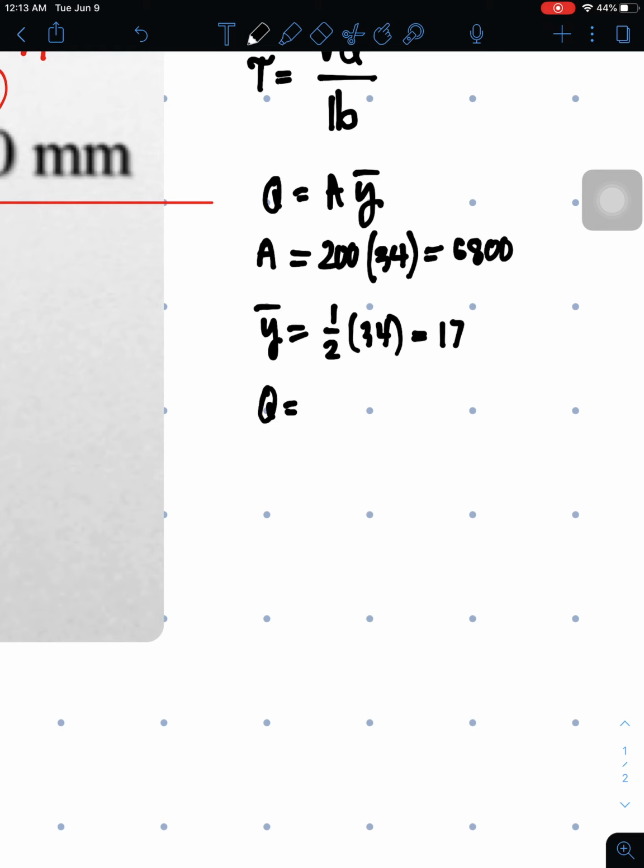Therefore, our Q is the product of 6,800 times 17. So that's 115,600. Is that right?